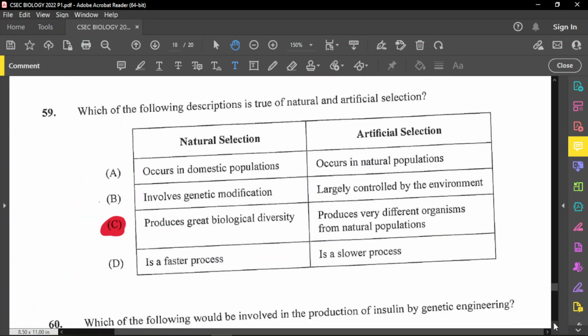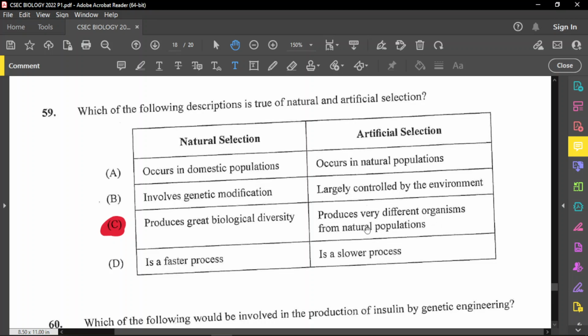So, which of the following descriptions is true for natural and artificial selection? Natural selection here will produce a great biological diversity, and artificial selection will produce very different organisms, definitely, from the natural population. So, for example, the breeding of dogs and so on.